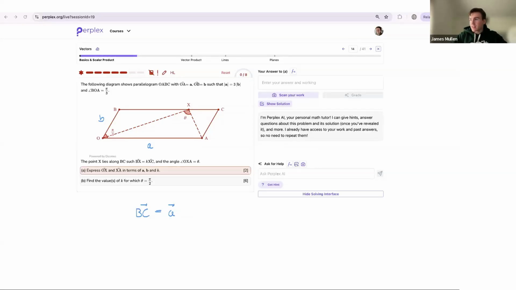And then I can say that BX plus XC, that's the same as BC, so that's also equal to a. And because BX is k times XC, I can say this is going to be k plus 1 XC is equal to a. And therefore XC is equal to 1 over k plus 1 times a.